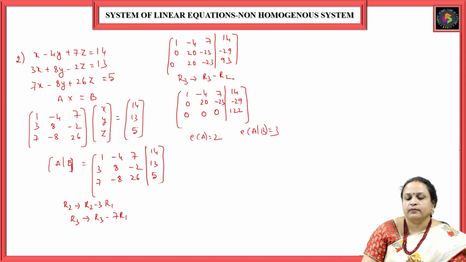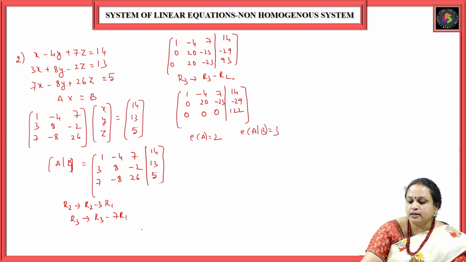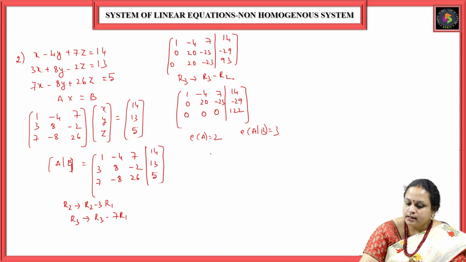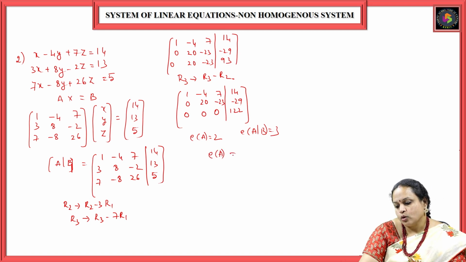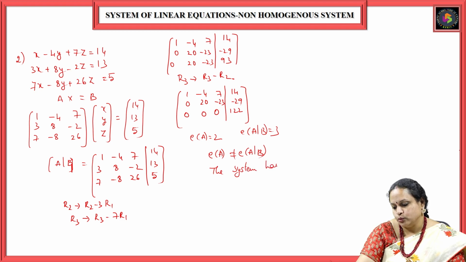Rank of A is 2, whereas rank of AB is 3. Since rank of A is not equal to rank of AB, we say that the system has no solution.